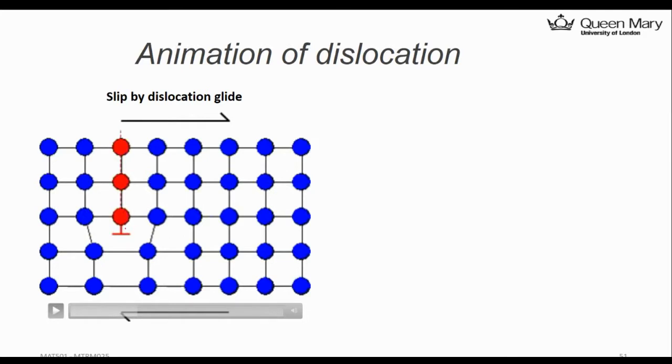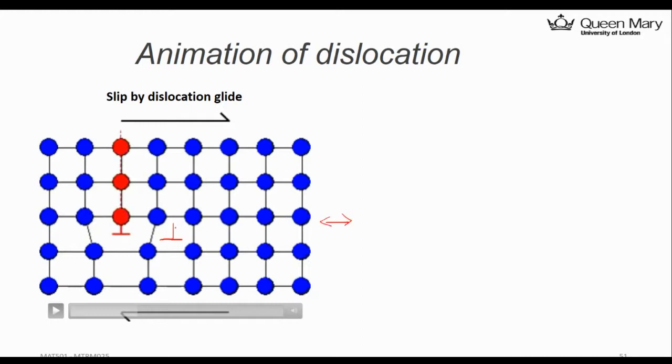And you can see a sign here, which is called the Burgers vector, if you search for that in Wikipedia or online sources. The horizontal line means the slip direction, which is the horizontal direction.